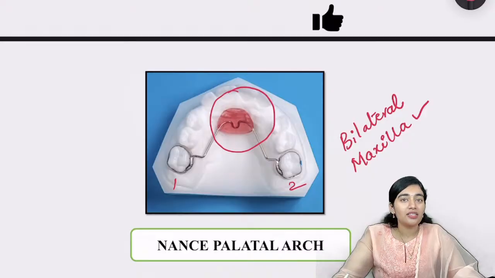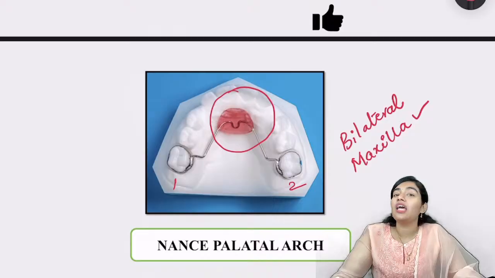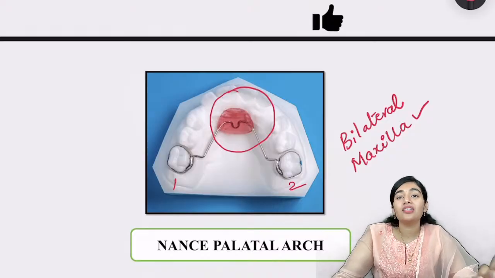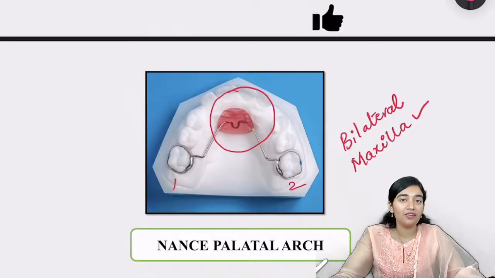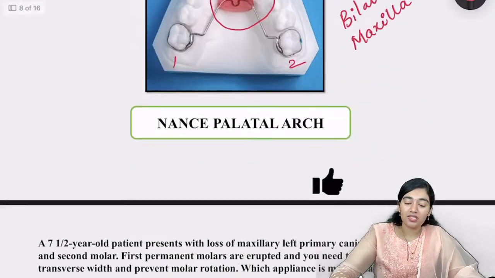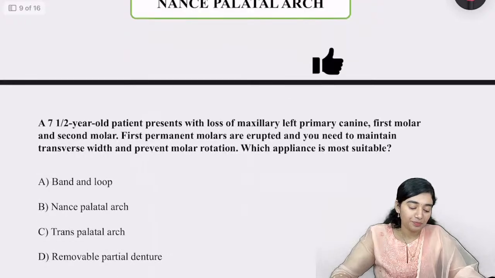Okay, so let's get on to the next one. So till now we have discussed band and loop. We have discussed lingual arch, and our third appliance is our Nance palatal arch. So all the three appliances I hope you all are very clear and familiar with now, even for the diagram-based questions. So let's move on to the next case scenario.